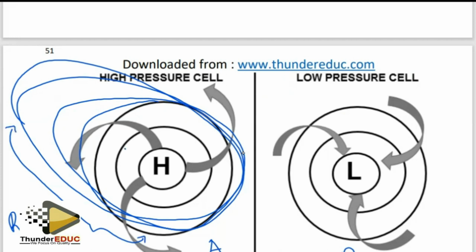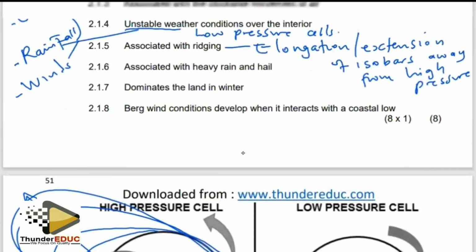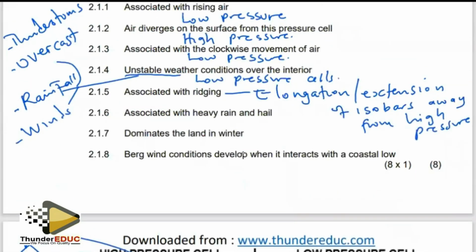Isobars are extending towards that other point. So that is ridging, which is common of high pressure cells. So we say high pressure.